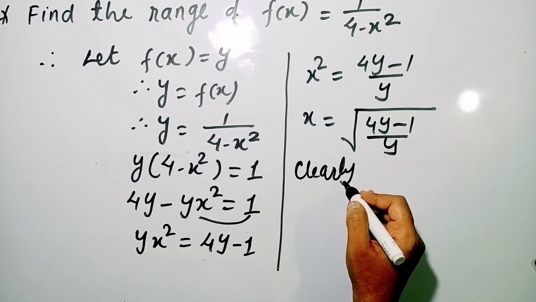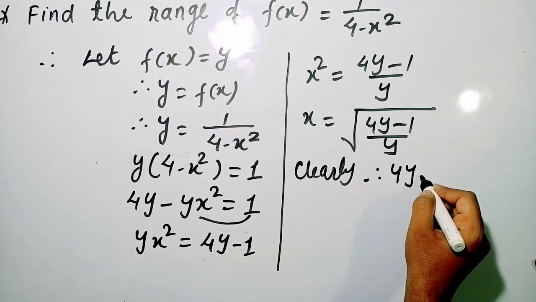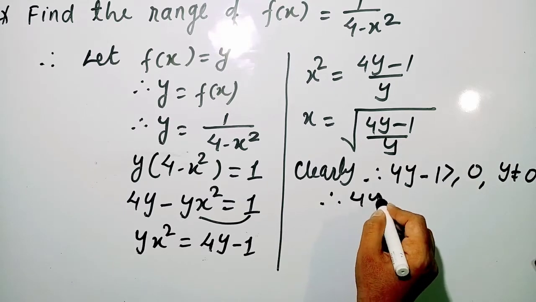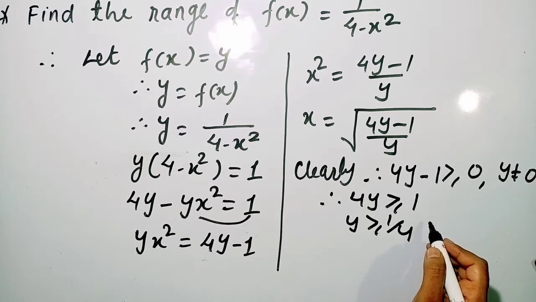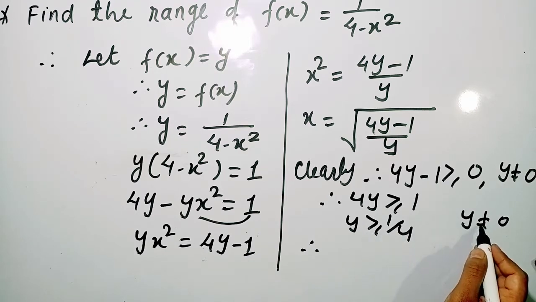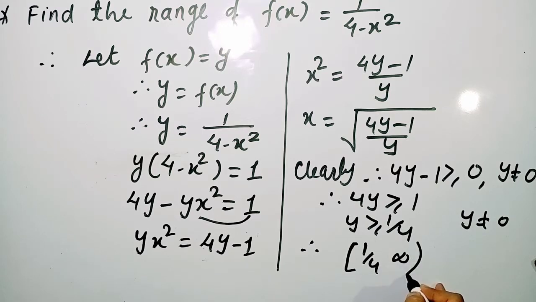So it is clear that (4y minus 1) upon y will be greater than or equal to 0, where y is not equal to 0. It means 4y is greater than or equal to 1, so y is greater than or equal to 1 by 4, and y is not equal to 0. So the interval of this term: y is greater than or equal to 1 by 4 and y is not equal to 0. So we can write 1 by 4 to infinity, and this is minus infinity to 0.